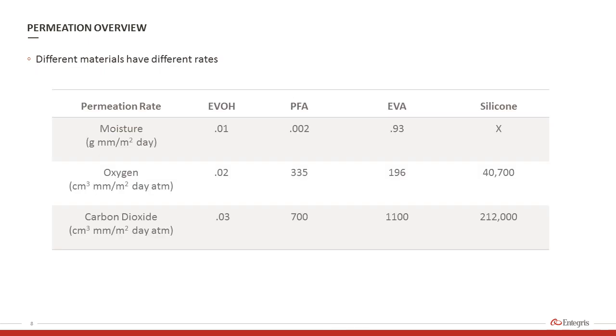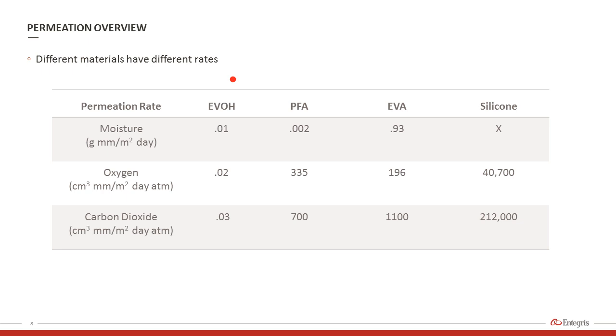Before answering that question, let's take a look at the permeation rate of several materials used in single-use bioprocessing. The table shown here shows moisture, oxygen, and carbon dioxide permeation rates for various polymers and elastomers used in single-use assemblies. The first material shown here is EVOH.